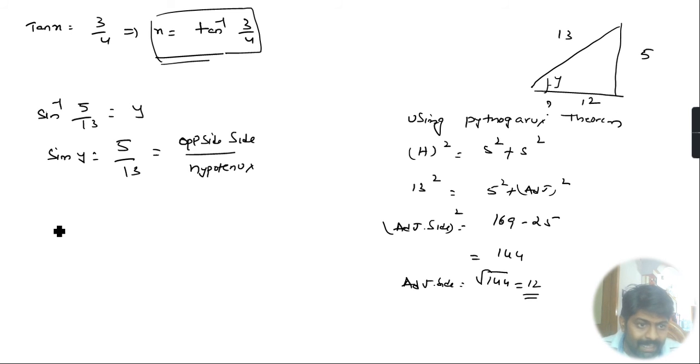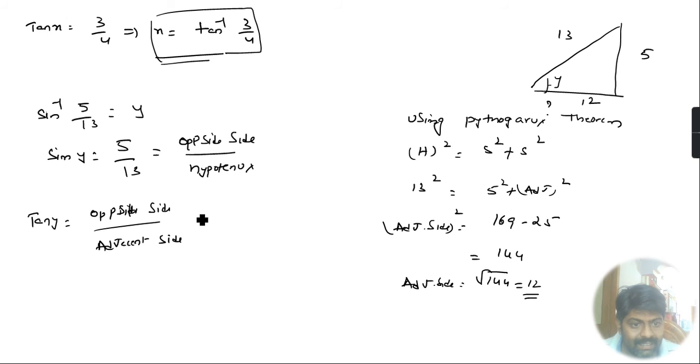So sin y is equal to 5 by 13. Then what is tan y? Tan is opposite side by adjacent side, that is nothing but 5 by 12.